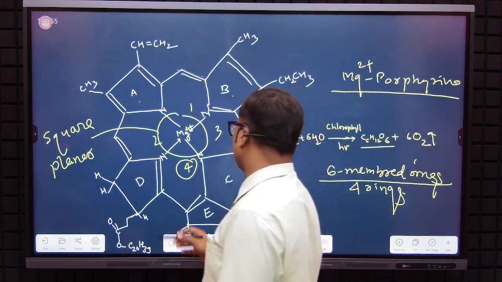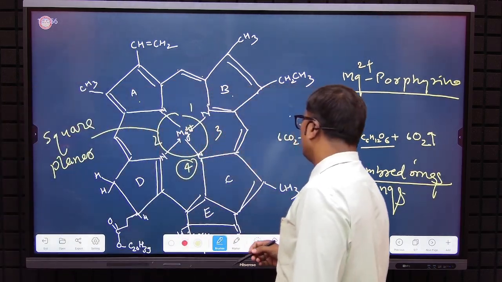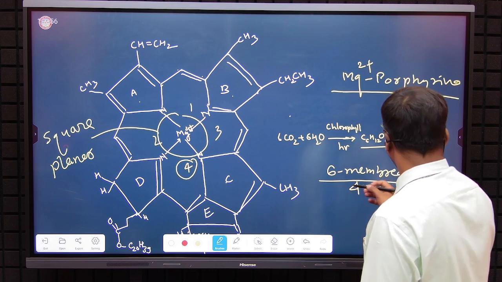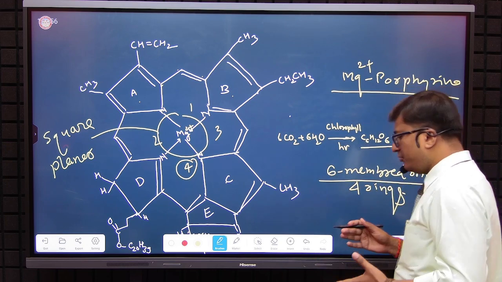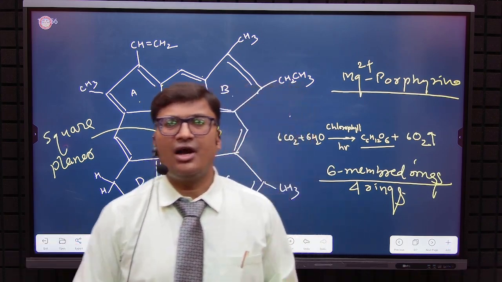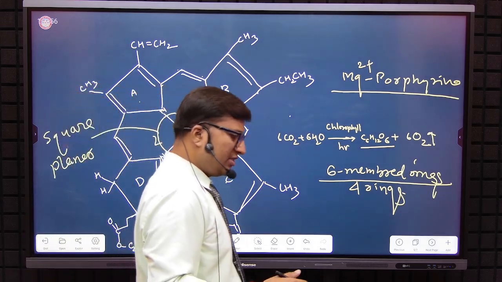In this particular structure, 4 rings are formed after the coordination. So they have 6 members in the rings. The larger the number of members in the rings, the more formation constant, high stability constant. So such types of complexes are highly stable.